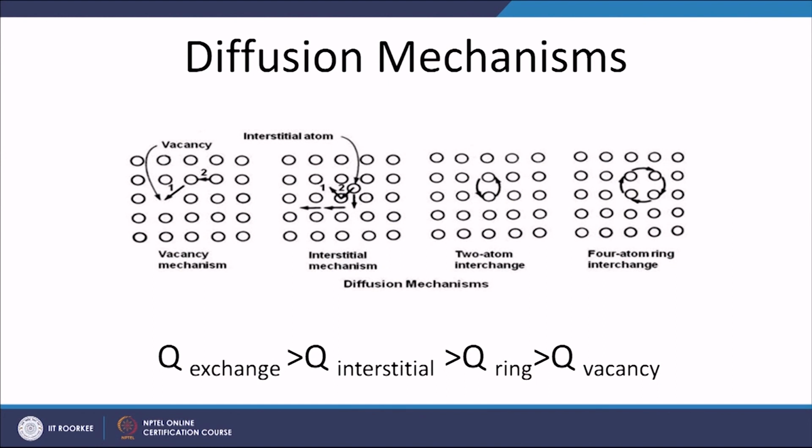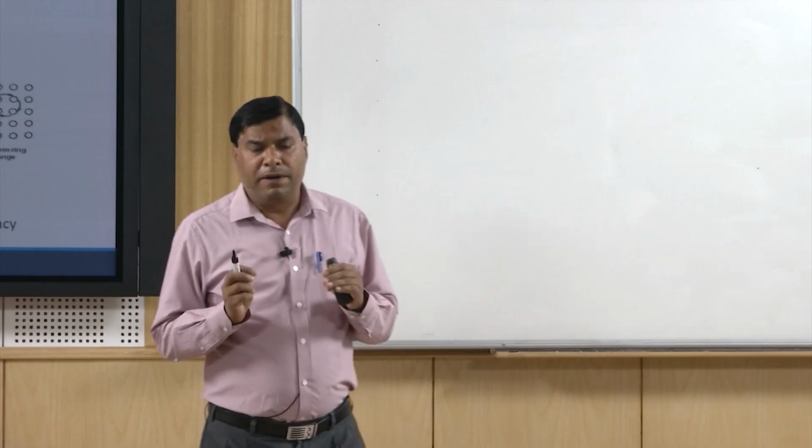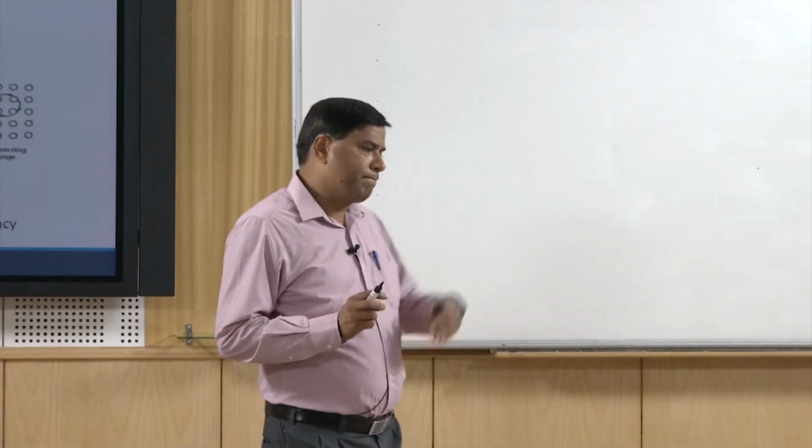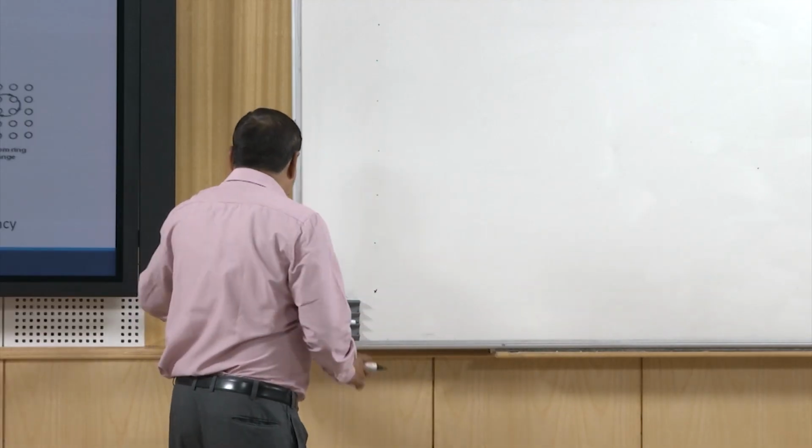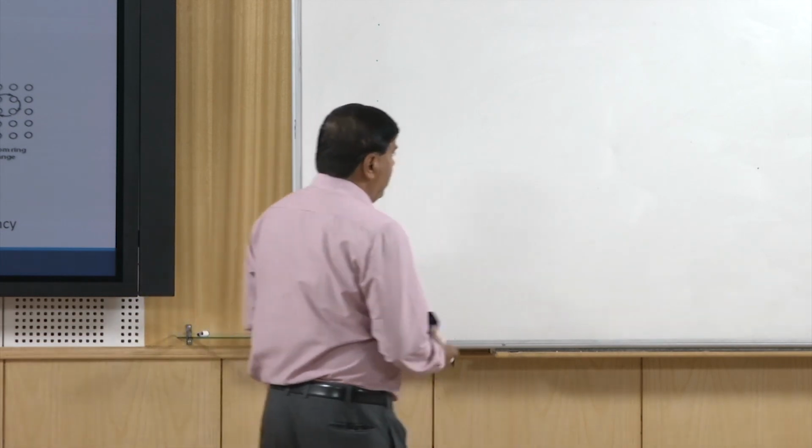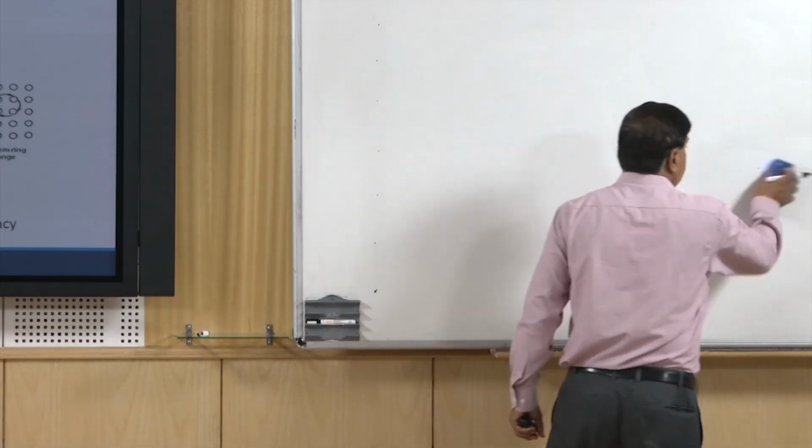The first one, ring diffusion, is this one. Somewhat more energy is required for ring diffusion, then interstitial diffusion, and maximum for exchange diffusion. So, depending upon the mechanisms involved, different amounts of energy are required for facilitating the diffusion.